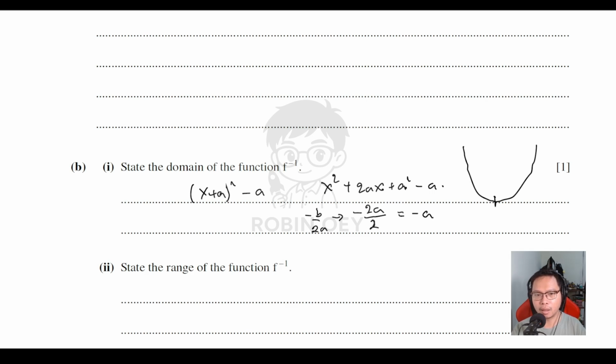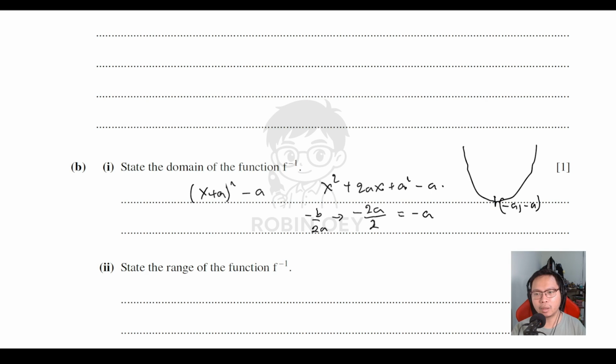So if we input the negative a into the main equation, the turning point is negative a comma negative a, because if you input, you get the y coordinate negative a as well.